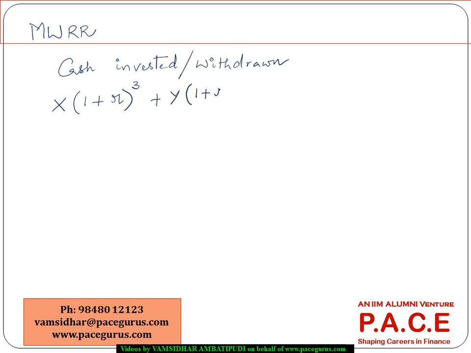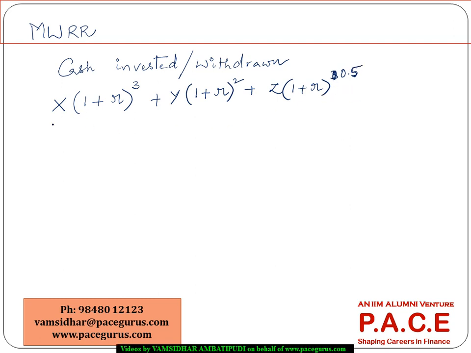So we are saying Y into (1 plus r) squared. Let's say after 2.5 years, when there are only 6 months left, some Z got invested. So Z into (1 plus r) to the power 0.5, because there are only 0.5 years still left for the completion of the project.